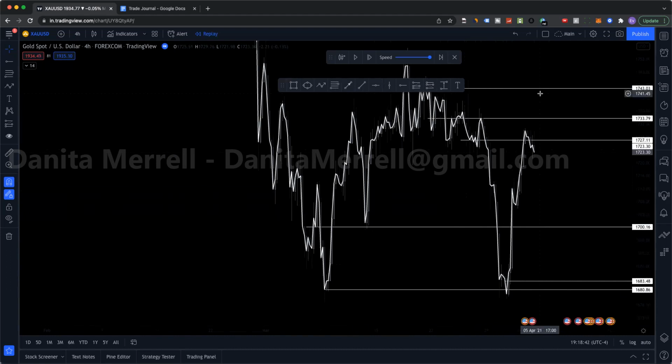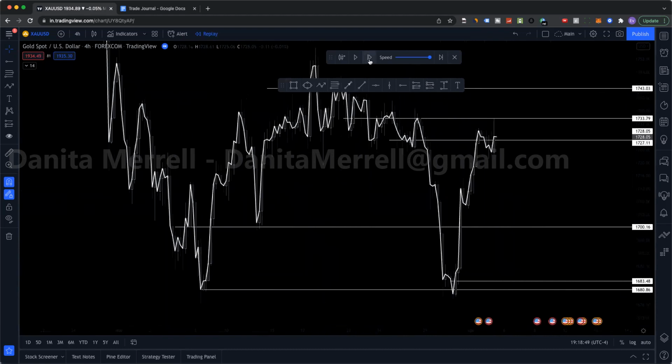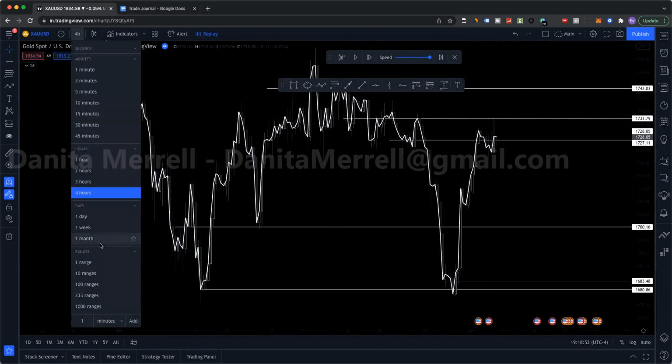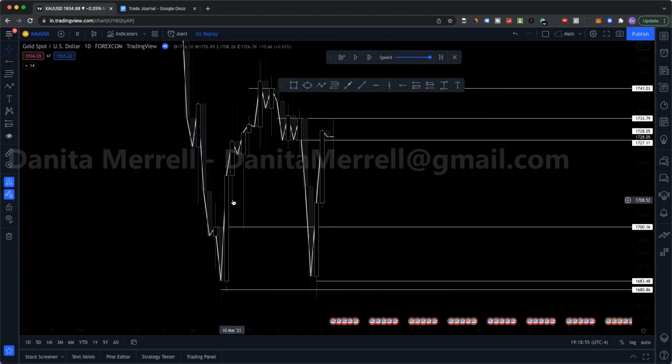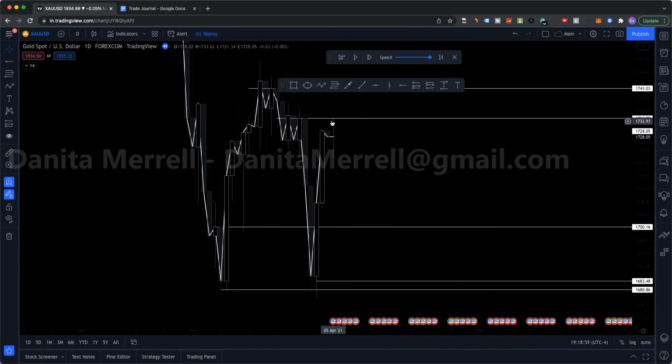So we should complete the storyline to monthly resistance with the idea of roadblocks in between. Okay, so now we've tapped in perfectly to this level on the daily chart, 1 day.